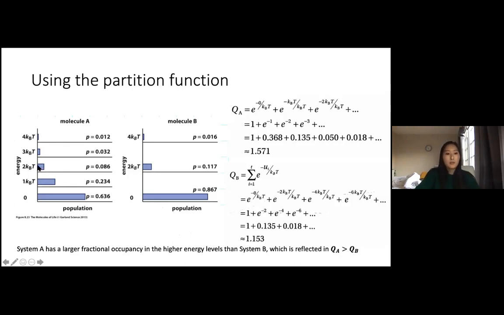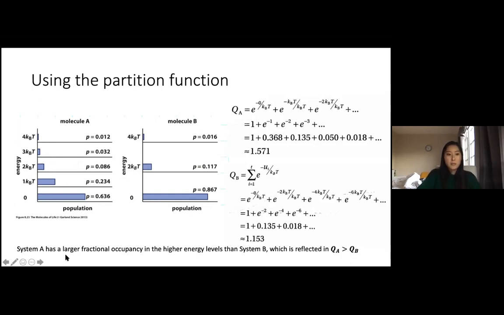Everything from 2 kBT down, let's ignore and call our lower energy levels. For the higher energy levels, you can see that system A has a 0.012 plus 0.032 probability of finding a molecule there, whereas system B has only a 0.016 probability of finding a molecule there.